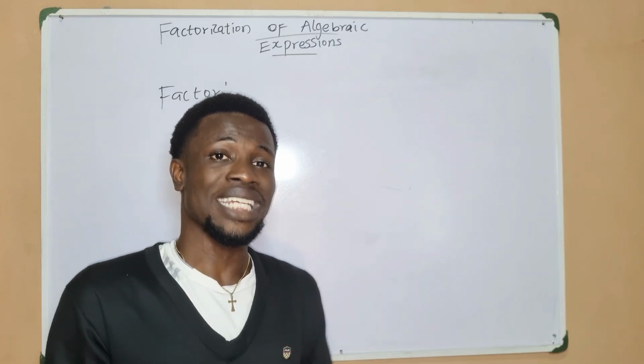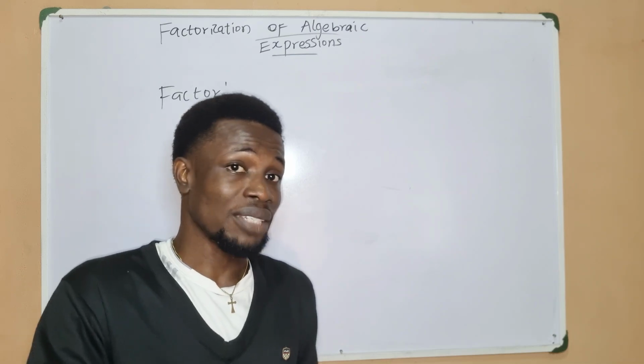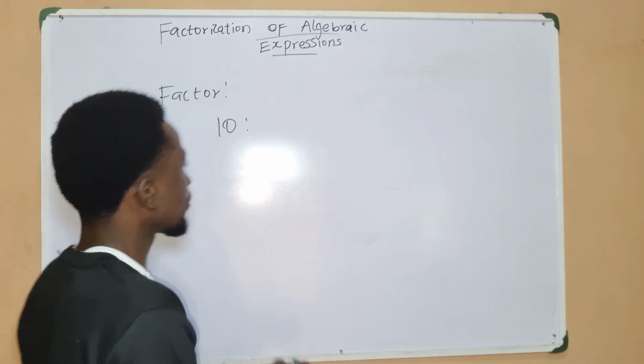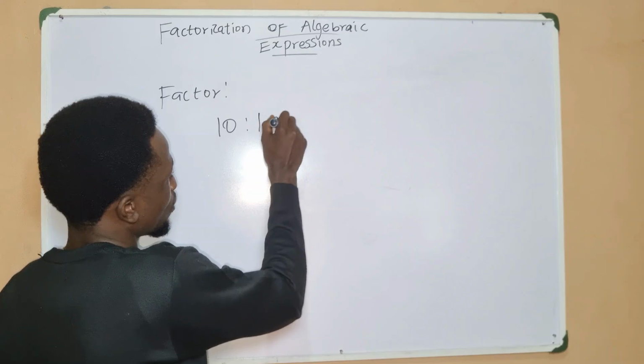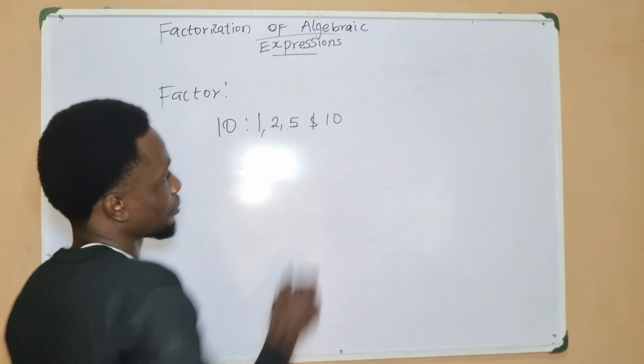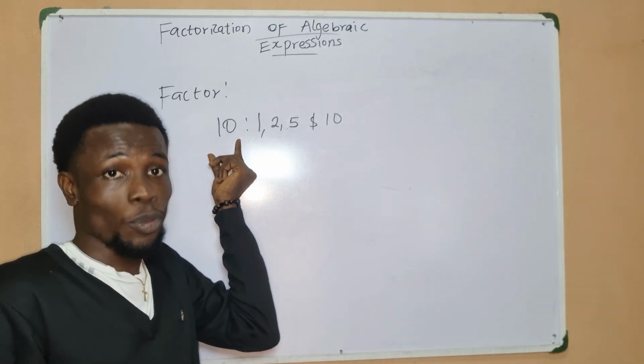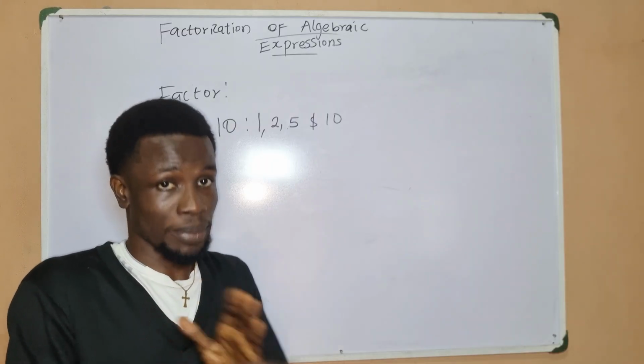In other words, we want to find the set of numbers or terms that can divide through 10 without leaving a remainder. They are as follows: 1, 2, 5, and 10.